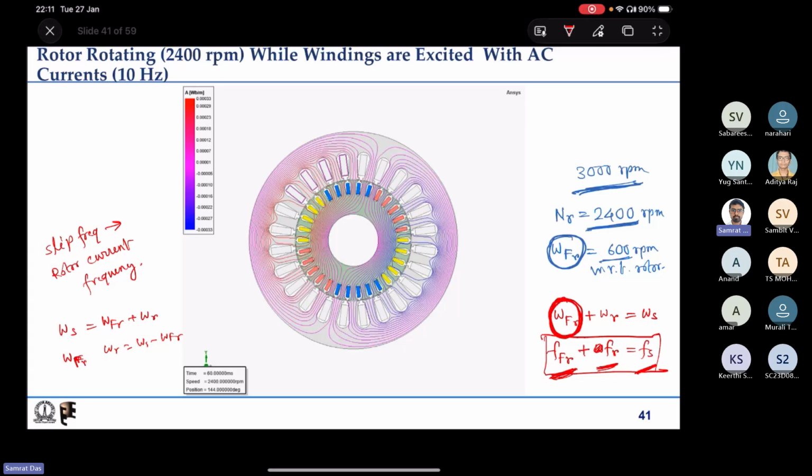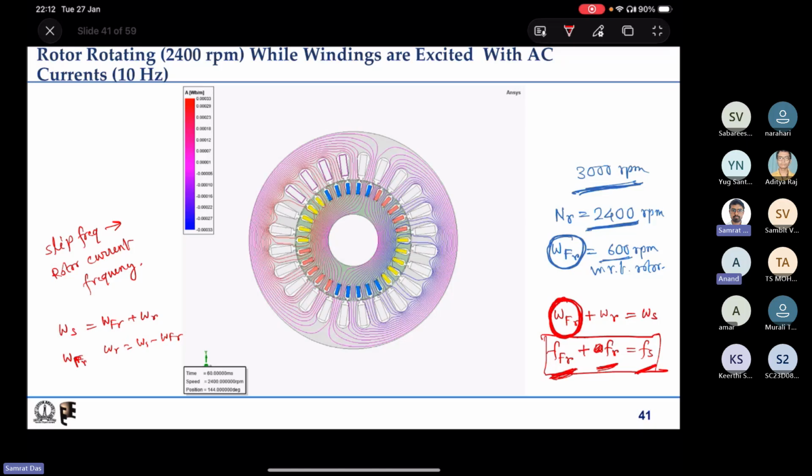But if you have a doubly fed induction machine, you can generate either super synchronous or subsynchronous, at any speed. That is the freedom you get if you excite from the two sides. That we'll see, but we'll first understand the basics here.